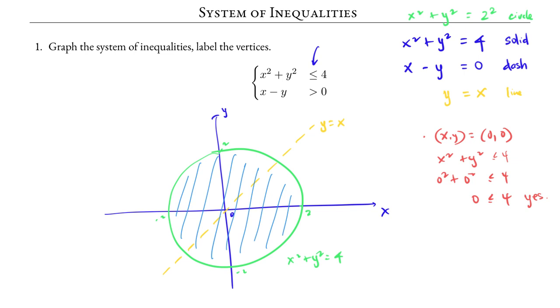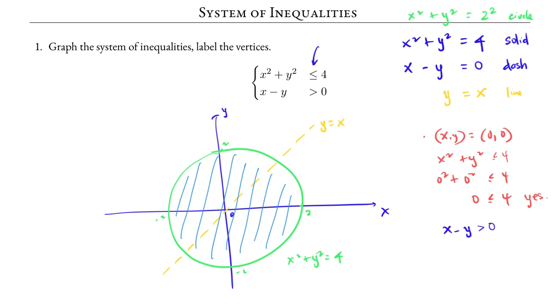Similarly, we pick another point to determine the region that we need to shade for the second inequality, x minus y greater than 0. This line separates the plane into two regions. Ignore the circle for now. One is on the left or above the line, and the other is on the right or below the line. To determine the solution region, we need to pick a point that is not on the line.